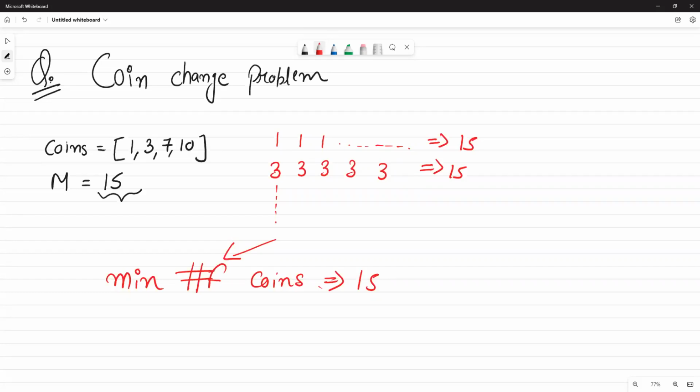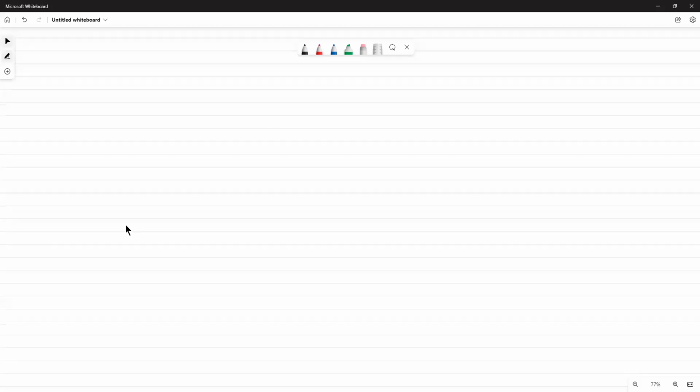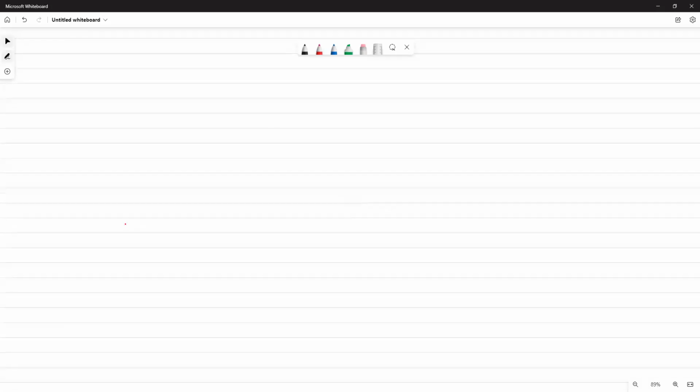Next is the rod cutting problem. This is known as the rod cutting problem. Okay, so in this specific problem, you have been given the length of the rod n.